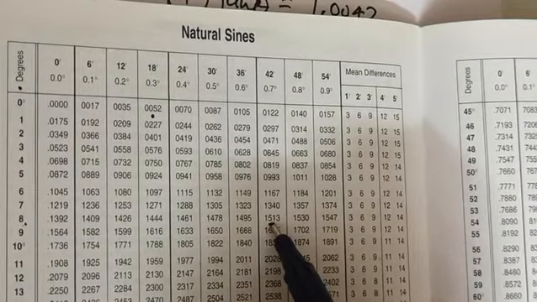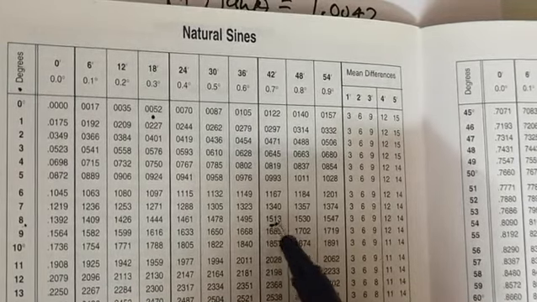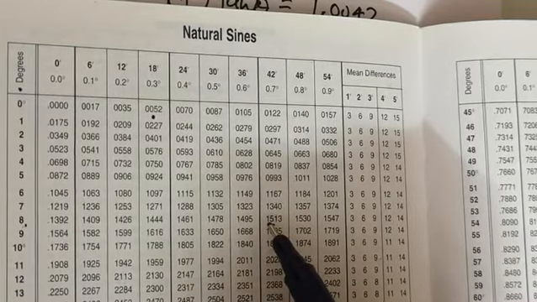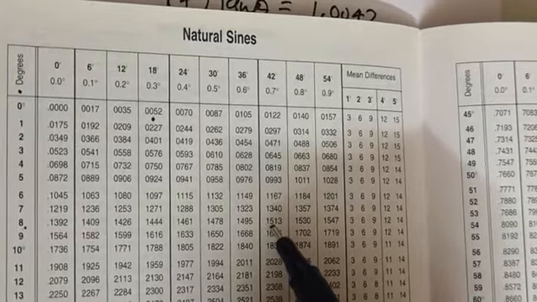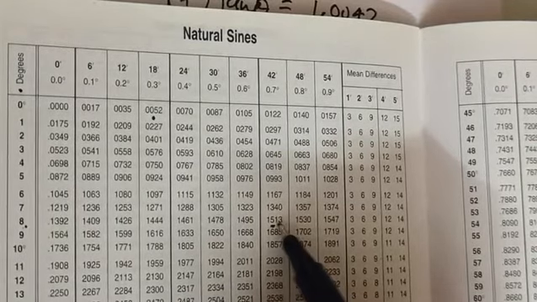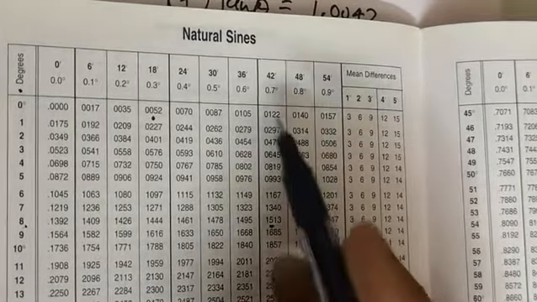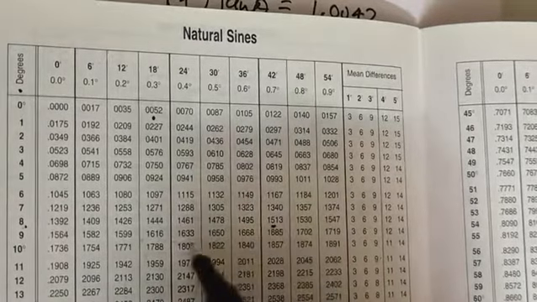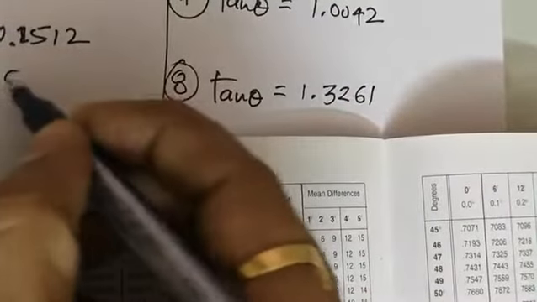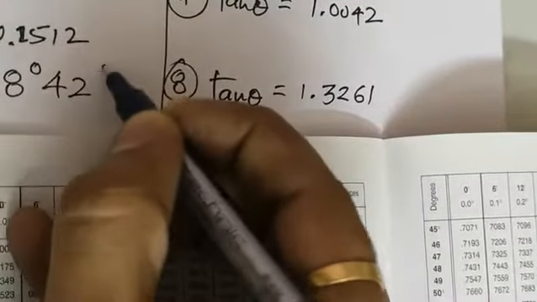Whenever you are finding sine or cosine values, you are allowed to find values which are very near, it is acceptable. So 1513 is very near, and it is coming under 42 minutes, and its degree would be 8. So theta equals 8 degrees and 42 minutes. Now we are putting another example.